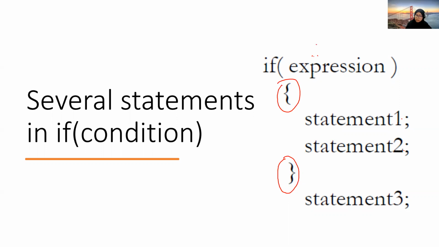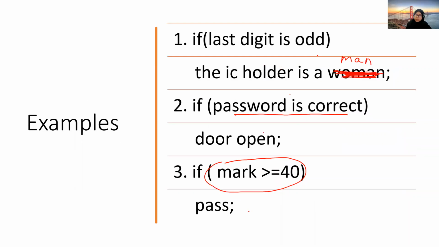Okay, contoh, let's look at this example. If the password is correct, the door opens, and then I need to say the light is on. Due to the password being right, the door opens as well as the light being turned on.